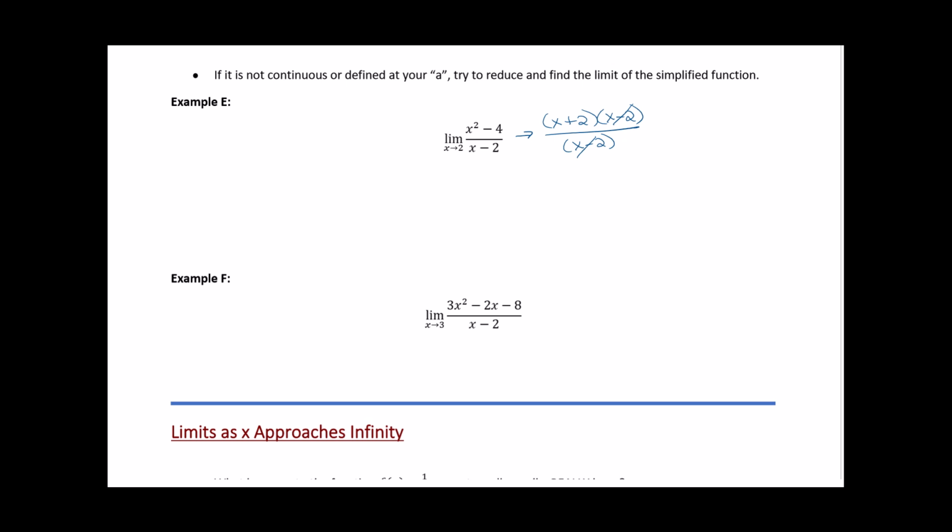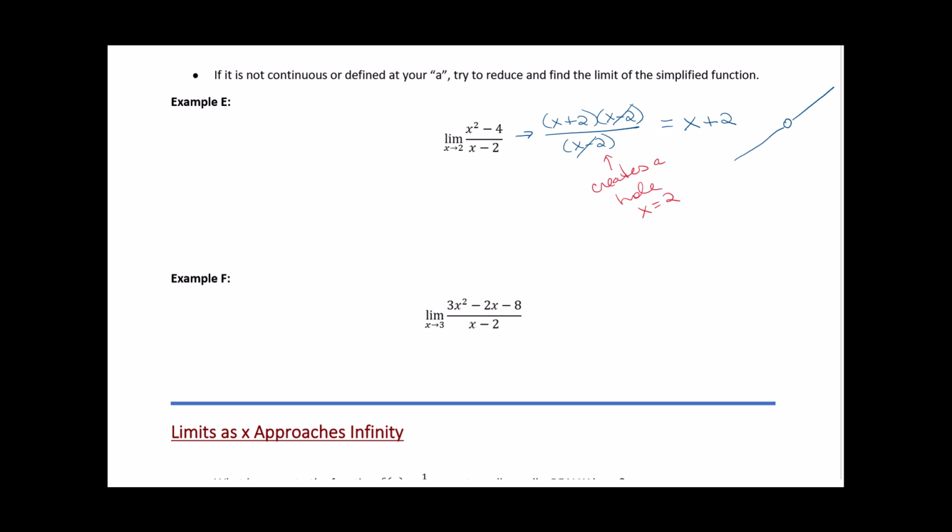Now, when this happens, when it reduces, that creates a hole at x equals 2. And so we would be left with just this linear function of x plus 2, which means it graphs like a line, but it just has a hole at x equals 2.